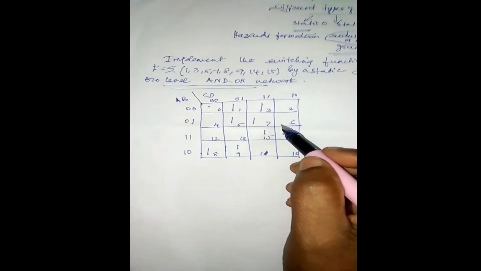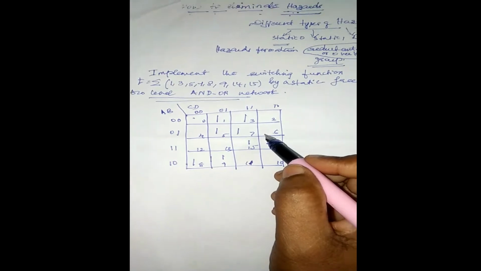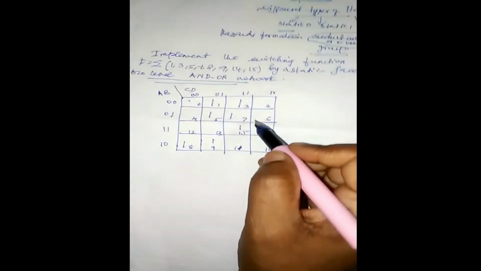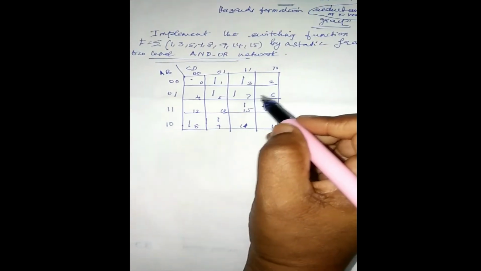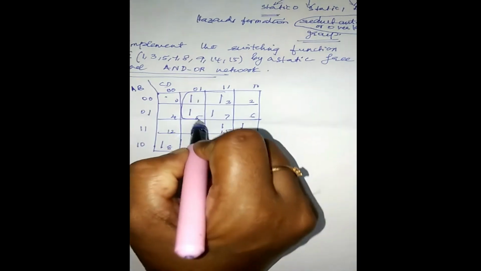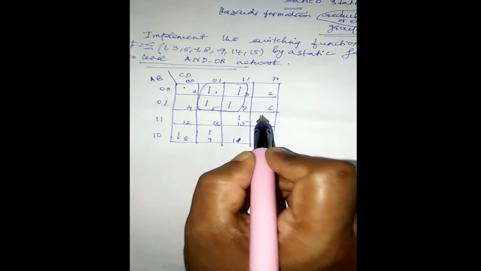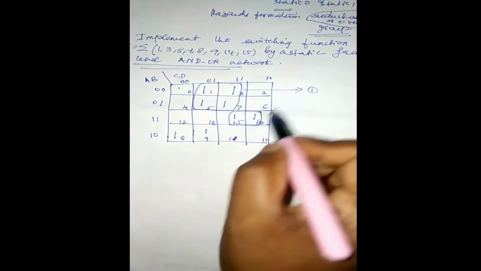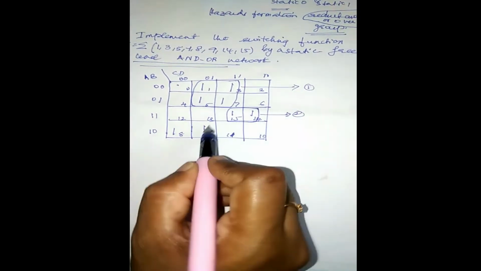So students, as we know from the previous video lectures, the hazard can be eliminated by creating a redundant term or redundant grouping, right? First, as usual, let us make the correct groups according to our Karnaugh map. This will be my first group, this my second group, and this my third group.